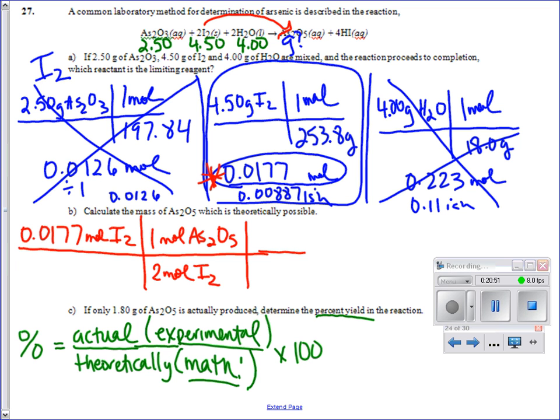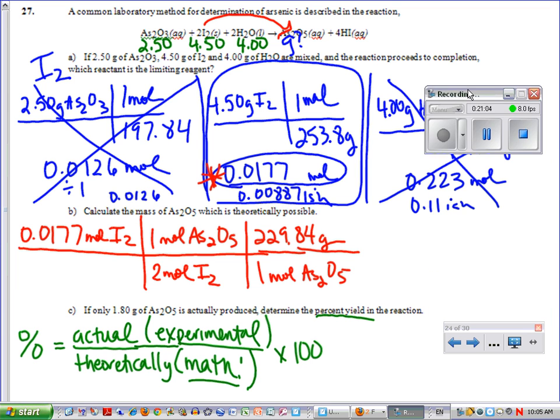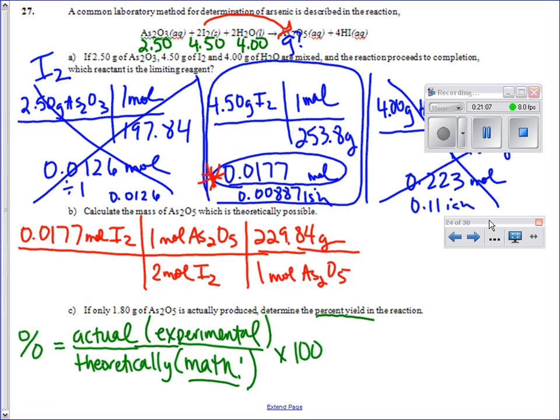And then for every 1 mole of As2O5, I have how many grams per mole? 229.84 grams. All right, that should give me my theoretical yield. 366.2.03? 2.03 grams. Okay, that's how much we should be able to get in the lab.